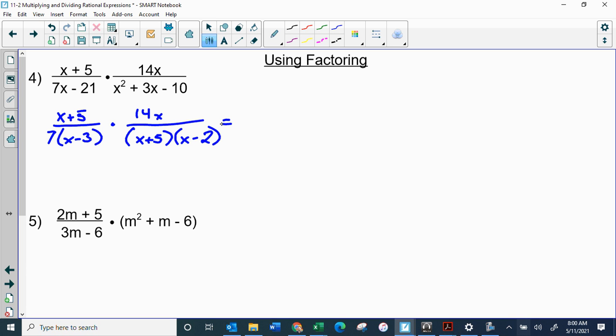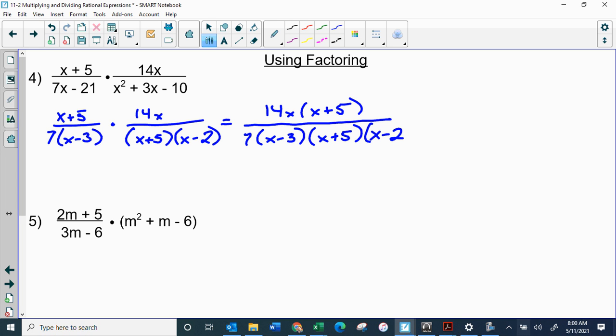Okay, so let's go ahead and multiply this together. So I have 14x times x plus 5. And in the denominator, I have 7 times x minus 3 times x plus 5 times x minus 2.